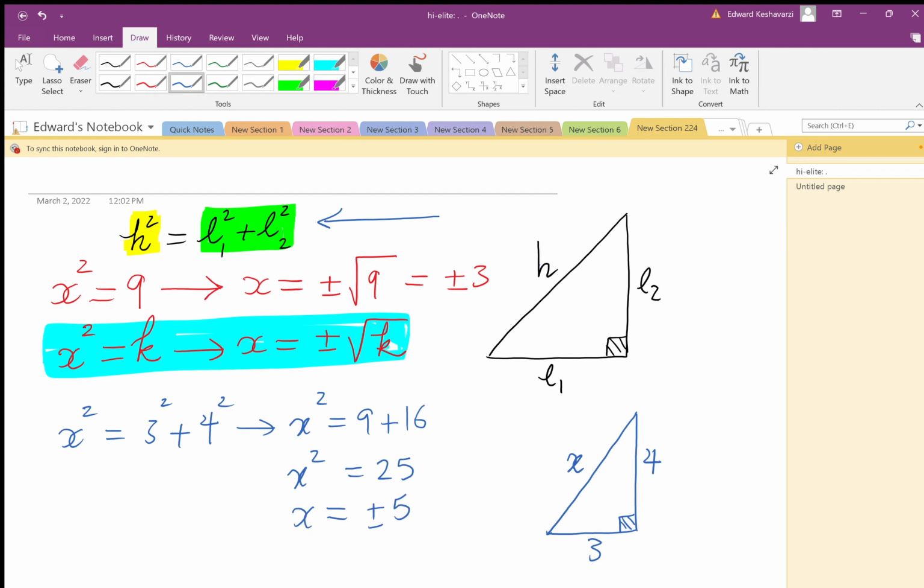However, since x is the length of hypotenuse, it can't be negative because we cannot say, for example, the length of the hypotenuse is negative 5 centimeter. Therefore, we reject negative 5 and the only answer is x equals 5. So this is how we find hypotenuse.